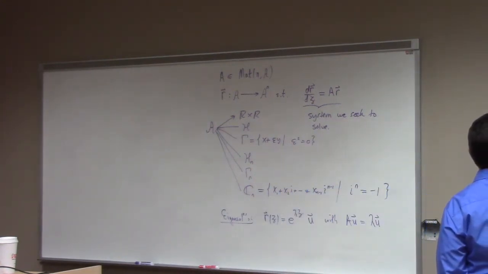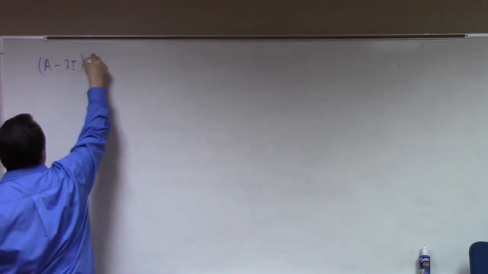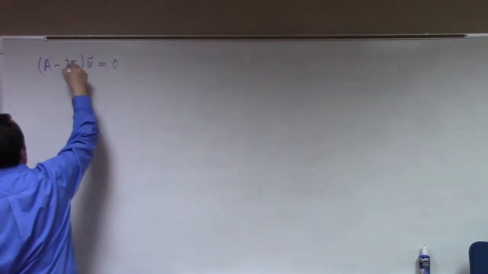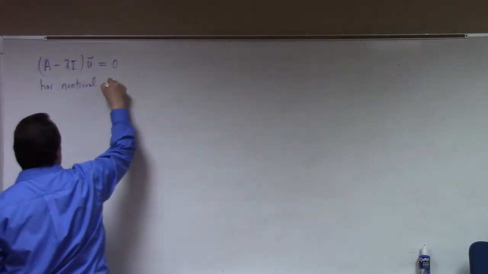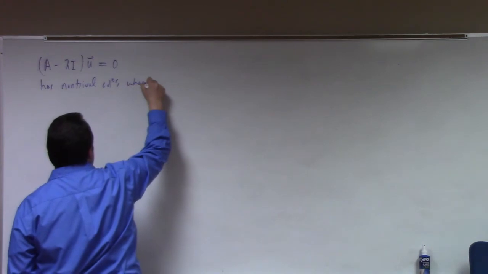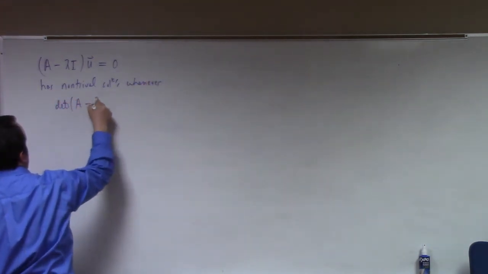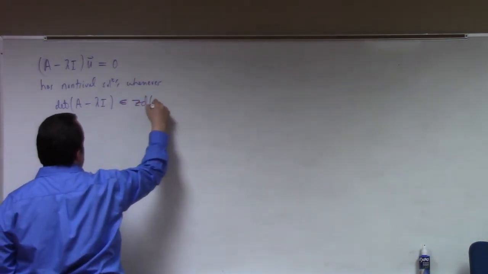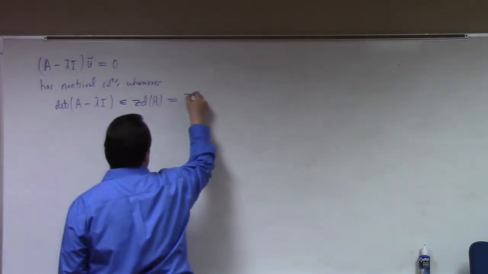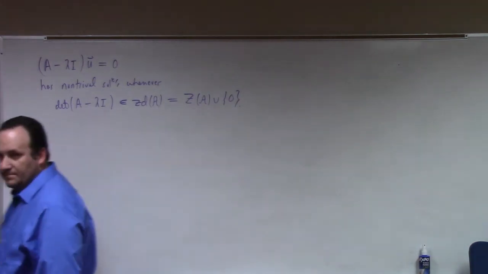the characteristic polynomial, well, more to the point, A minus lambda I times u equals 0, right, has non-trivial solutions whenever the determinant of A minus lambda I is an element, in my notation, of the zero divisors of A, which I think would be Z of A union 0 in the book we were looking at.